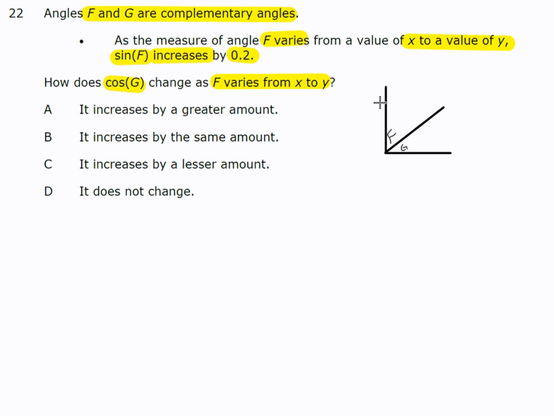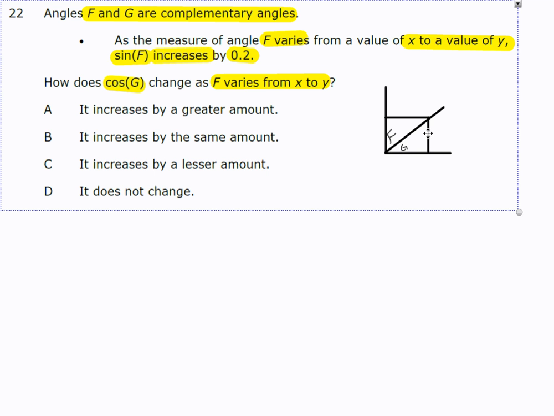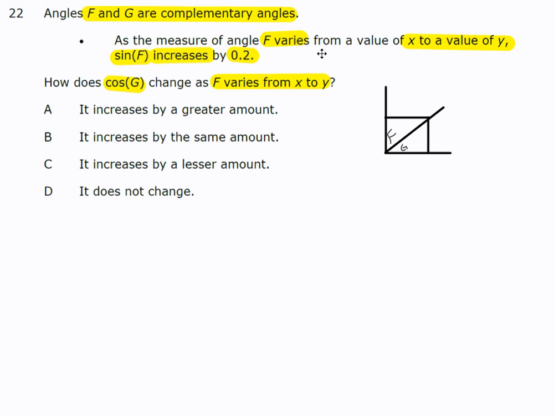All right, so now the cosine and sine part makes me think of right triangles. So one way to make these things right triangles is by drawing an altitude to each side. Now we have this little rectangle with angles F and G over here in the corner.